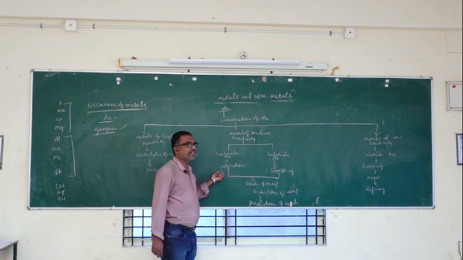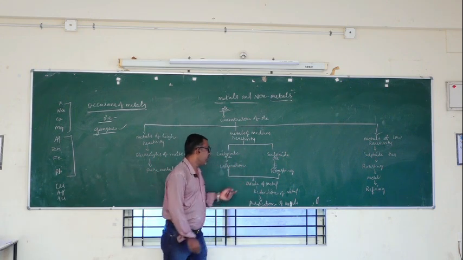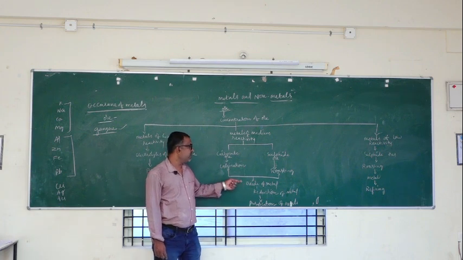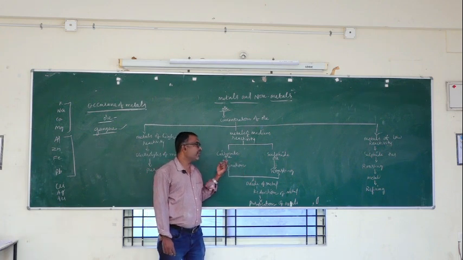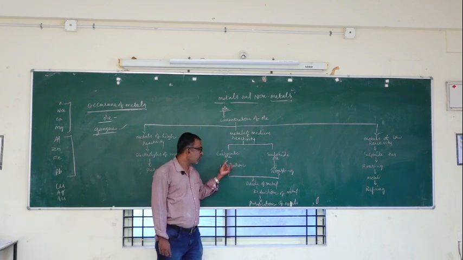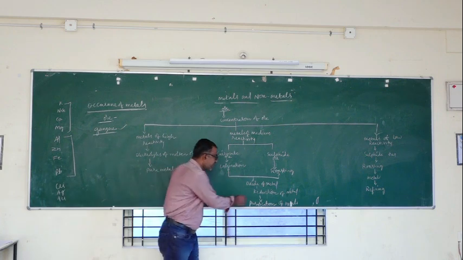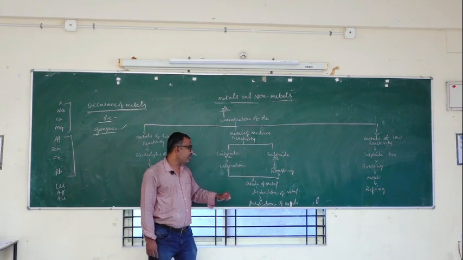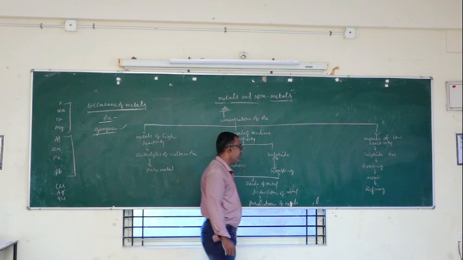After either calcination or roasting, we get the metal in the form of oxide. By reducing the ore, we can remove the oxide, and then finally comes purification of the metal.